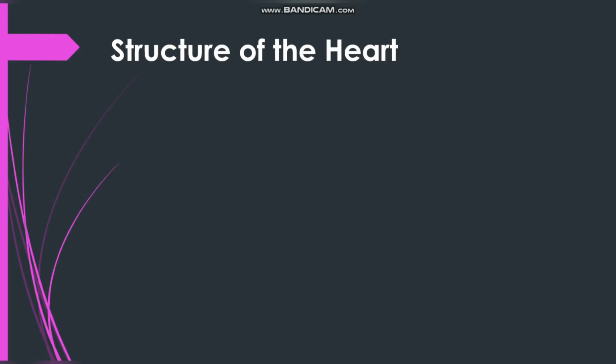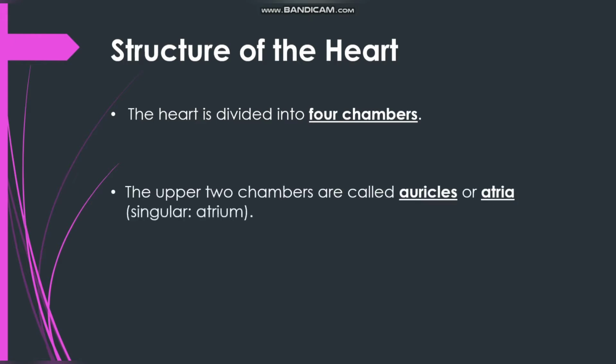Structure of the heart. The heart is divided into 4 chambers. The upper 2 chambers are called auricles or atria, and the singular is atrium. If you're naming both chambers, it's auricles, and if you want to refer to a single one, you call it an atrium.